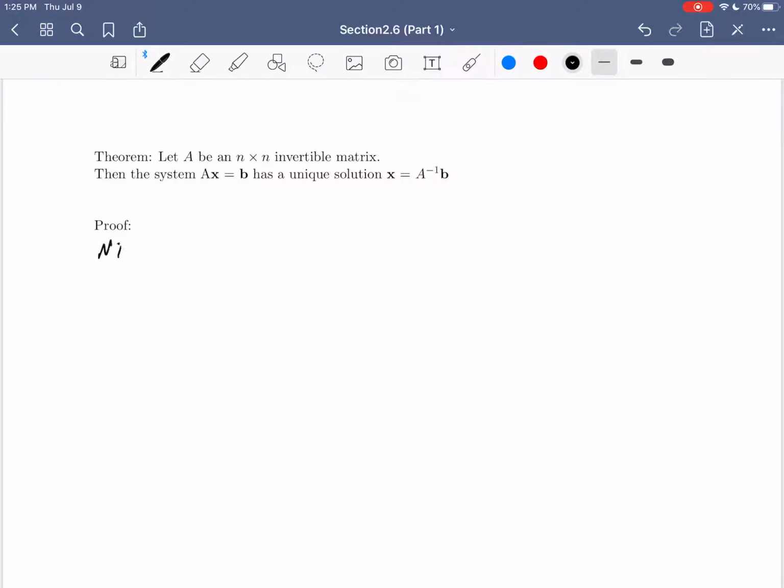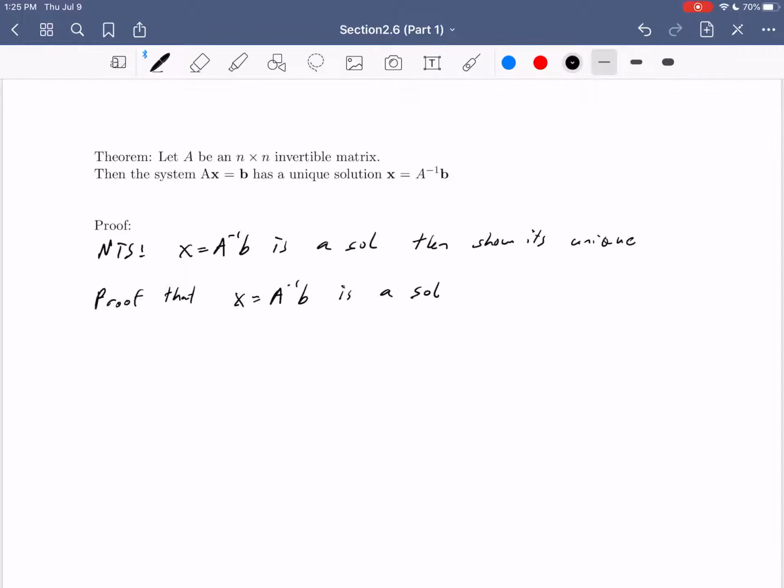So we need to show that x equals A inverse b is a solution, then show it's unique, meaning it's the only solution. So let's start by trying to show that it is a solution. Proof that x equals A inverse b is a solution.